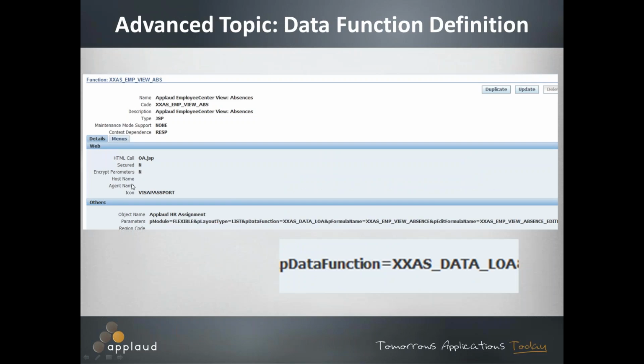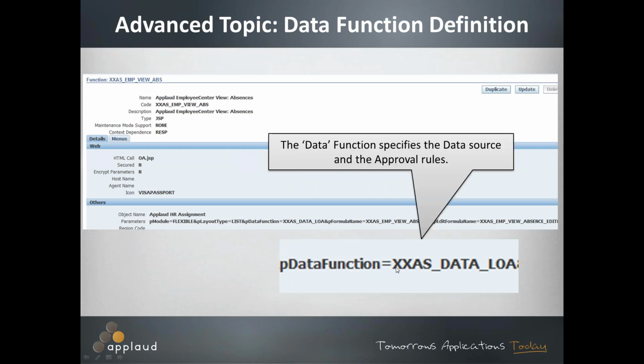So back to this edit data function here. This view function, sorry. In here, we've got a number of parameters for formula name and edit formula name. We've covered those. There's also this data function, an extremely important parameter. You see this p data function.